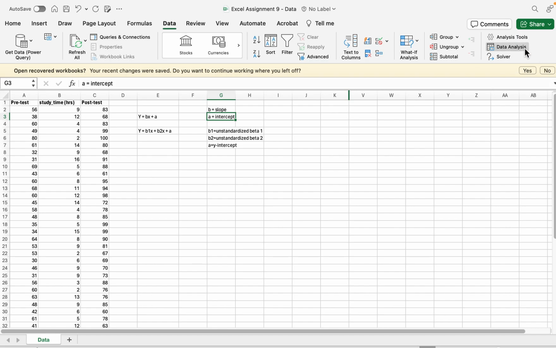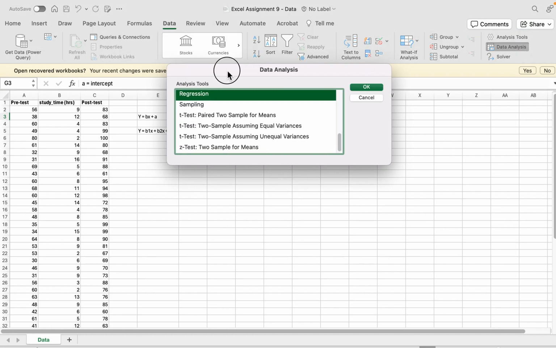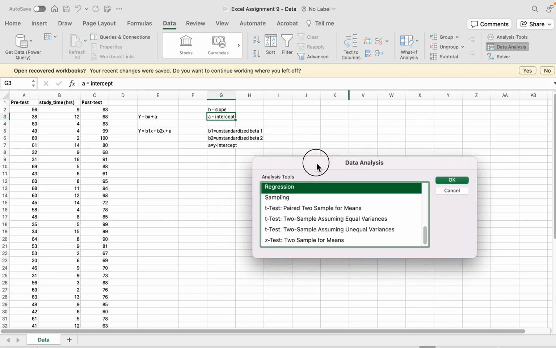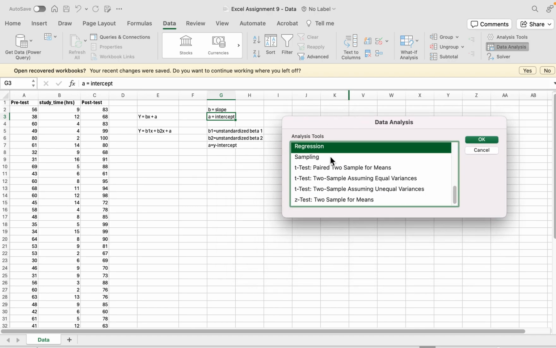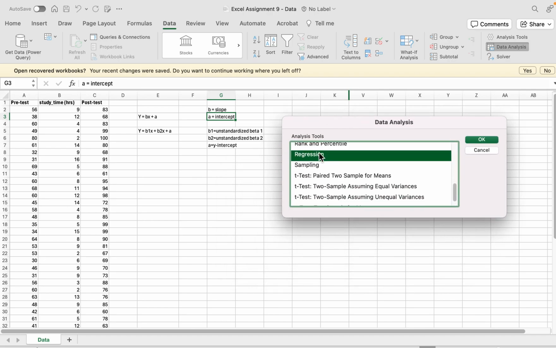So you have to get it done for your assignment, okay? So you just need to follow the same steps and you'll get to the correct answers. Okay, so when you look under the data tab where there's data analysis, you go to regression and then click OK.